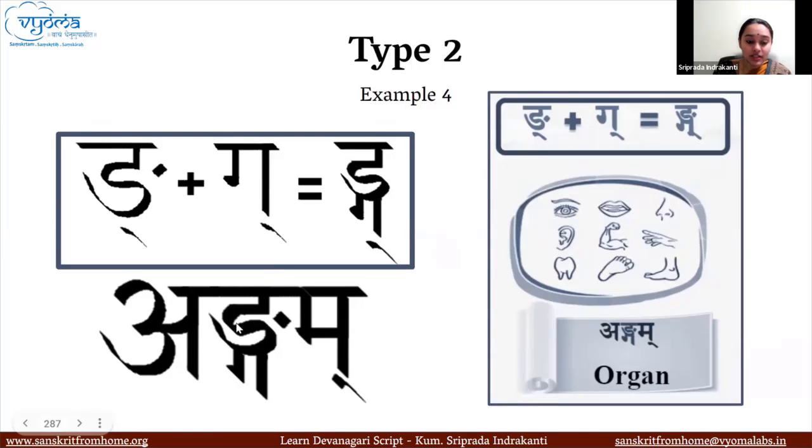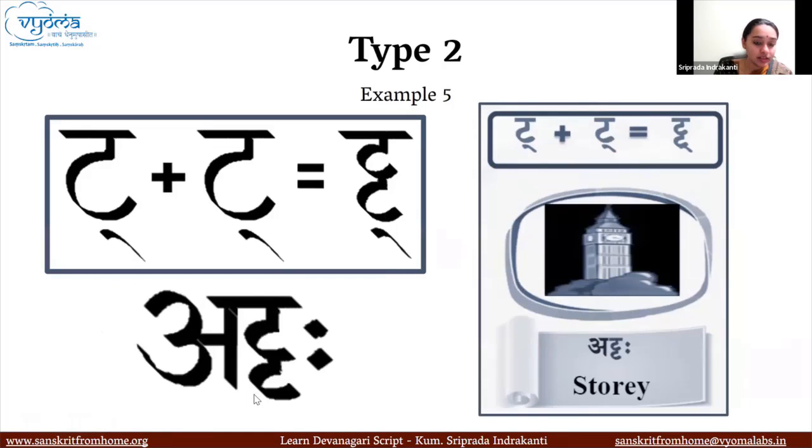Again, the first one is written fully on top and the second one is written at the bottom. This is attaha. That's a story or building. T plus t. Both have to be smaller to accommodate the space. And now we will go to paint and see some examples.